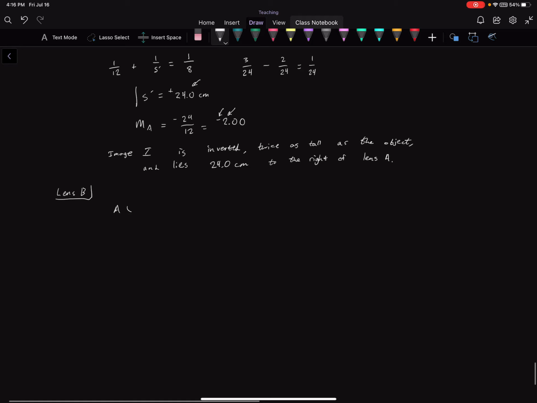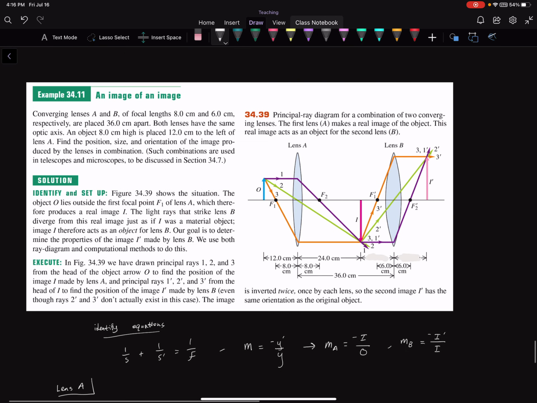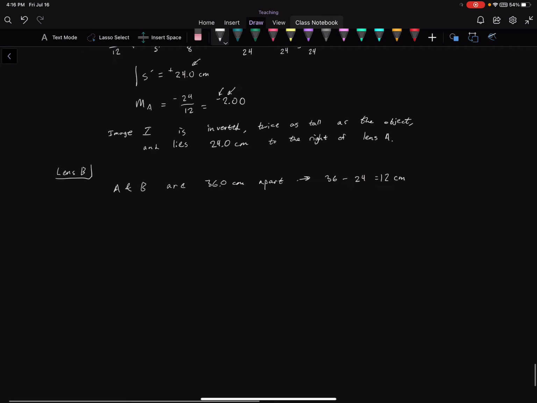That means 36 minus our image distance from before, which is 24 centimeters, is equal to 12 centimeters for our new object distance.